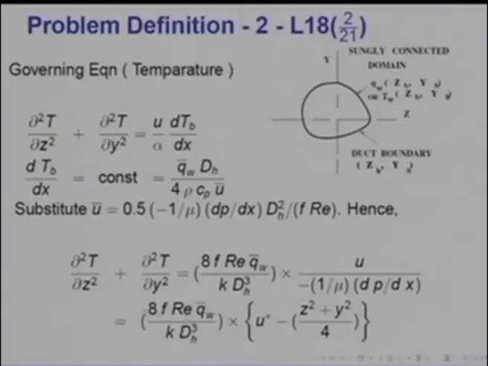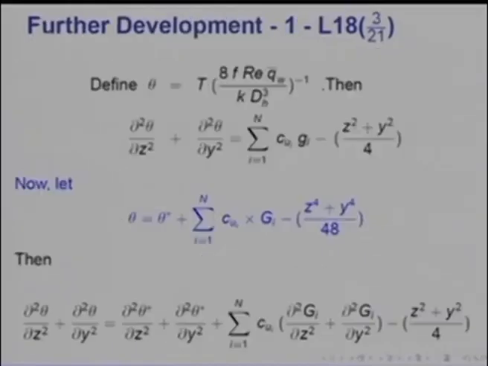If I take this to the left hand side and define theta equal to T into this quantity raised to minus 1, then the equation would simply read d2 theta by dz square plus d2 theta by dy square equal to c_i g_i minus z square plus y square by 4.